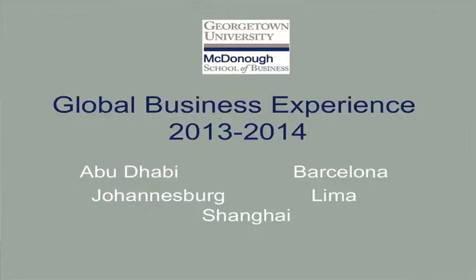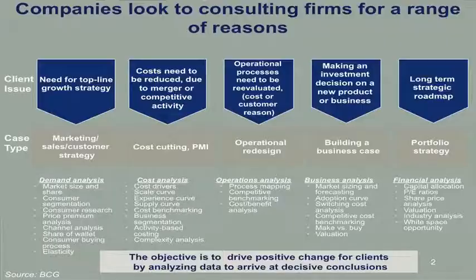So I'm hoping that you get a lot out of this. All right, so this is us. This is where we're going: Abu Dhabi, Johannesburg, Barcelona, Lima, Shanghai. Obviously, and this is true for our consulting projects as well as consulting projects that the McKinseys and the BCGs of the world are looking at, clients come to us for some very specific reasons, but a range of reasons. One of the things that I like about trying to encapsulate this is that it really is a relatively contained universe of reasons why companies are looking for help, right?